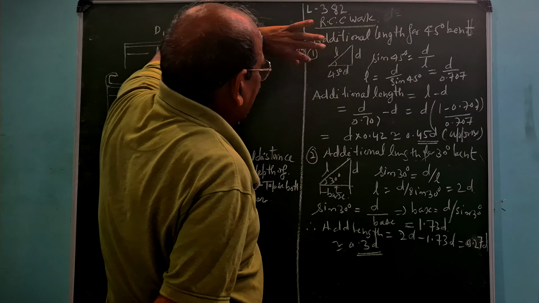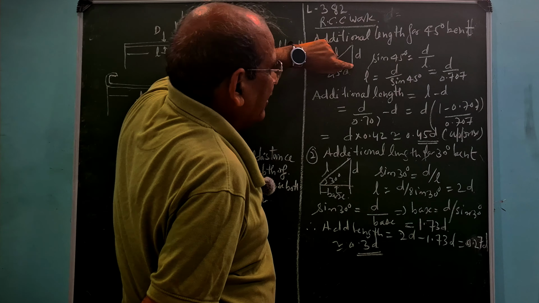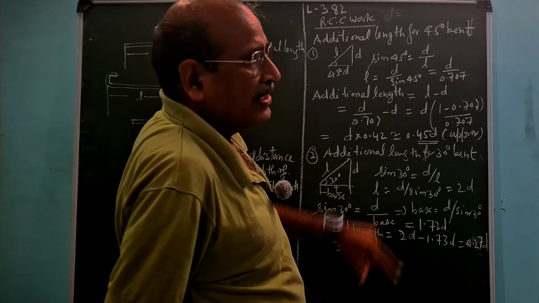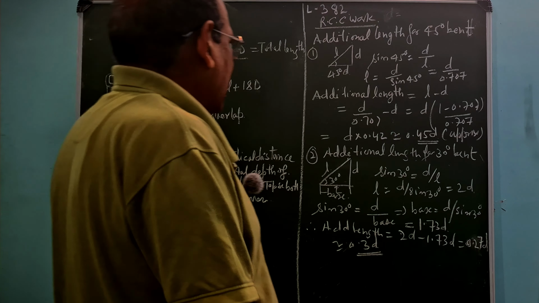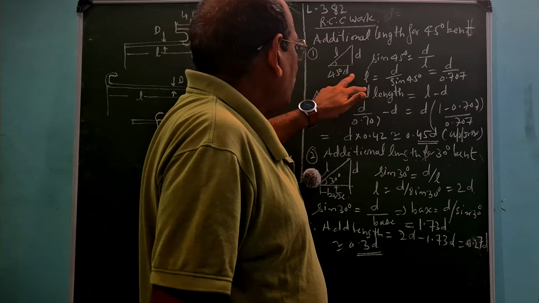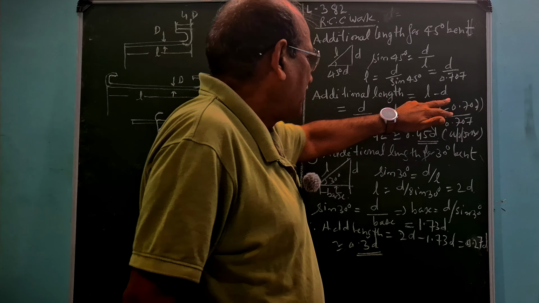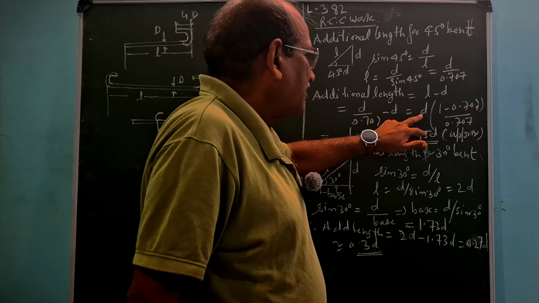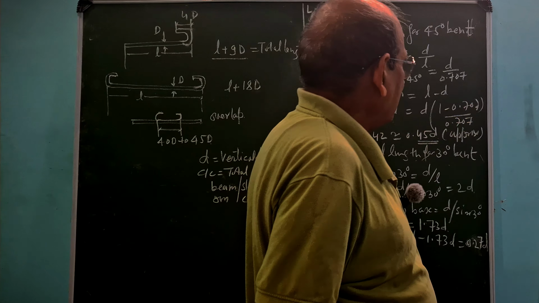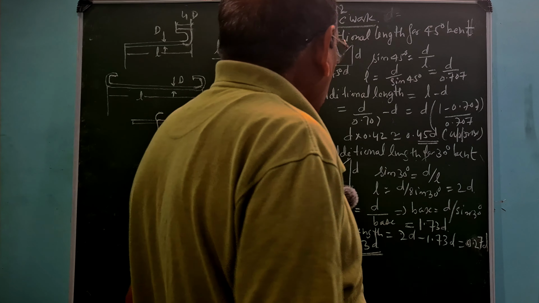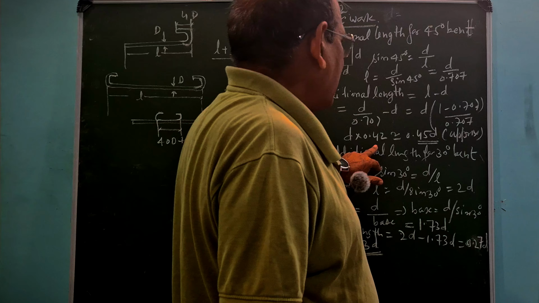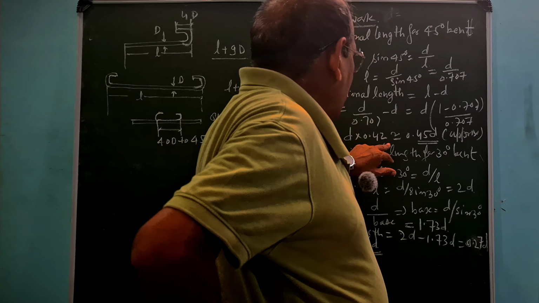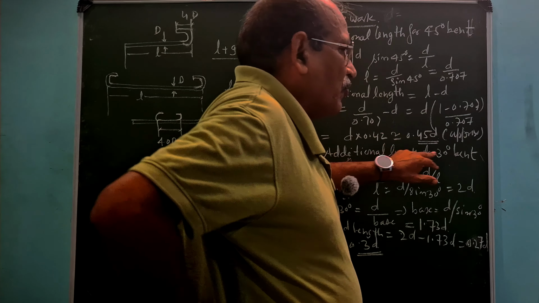If you take the length L, this length is added, but the difference has to be added so that the bent-up can be adjusted. So the additional length is the hypotenuse minus the base, which is D upon 0.707 minus D, that is 1.414D minus D. So this will be approximately 0.414, which is taken as 0.45D.